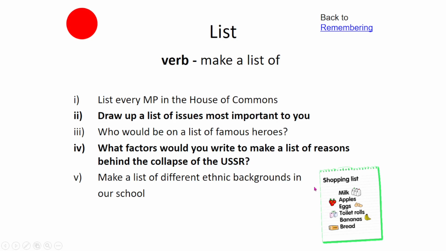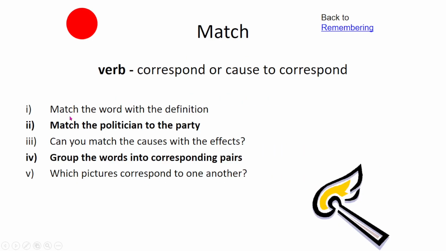Mostly we use this verb for an exercise of matching different things. Match the word with the definition. Match the politician to the party. Can you match the cause with the effect? Group the words in corresponding pairs. Which pictures correspond to one another?